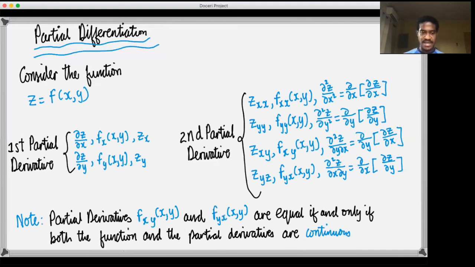The rule says that the partial derivatives, and that is the second partial derivative we're looking at, with respect to x then y, and y then x, are equal if and only if both the function and the partial derivatives are continuous.